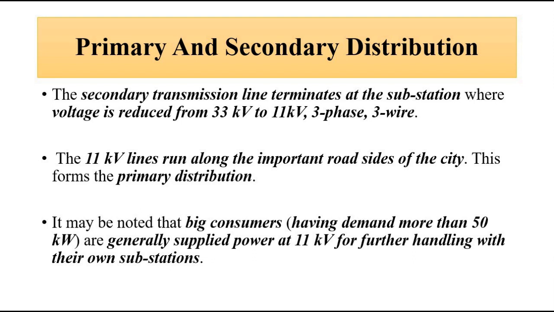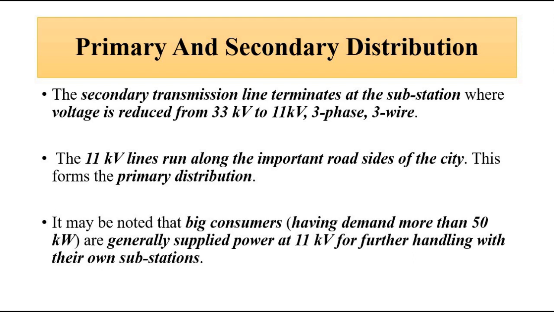Now here is another important thing. As I said, in the distribution system there are different kinds of power requirements for different consumers. For household communities the power requirement is generally less, but for industrial level consumers the power requirement is high.